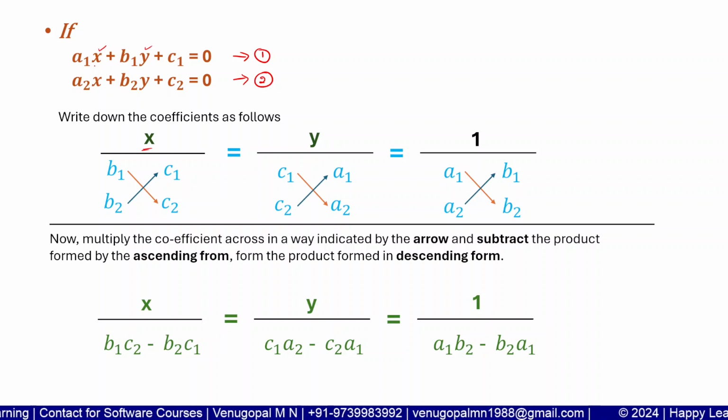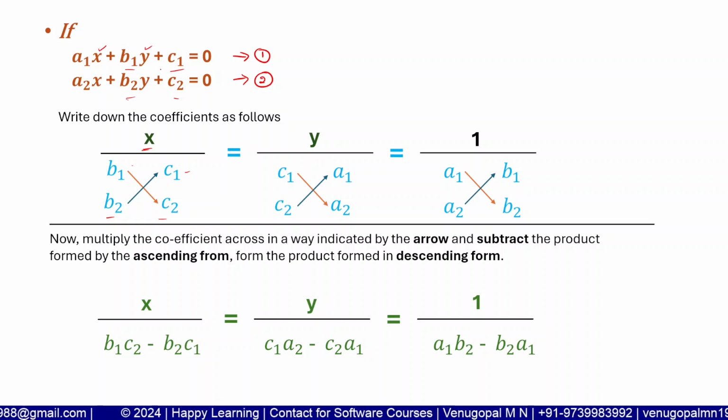For x, we take b1 and c1, written as they are, and then b2 and c2 below them.